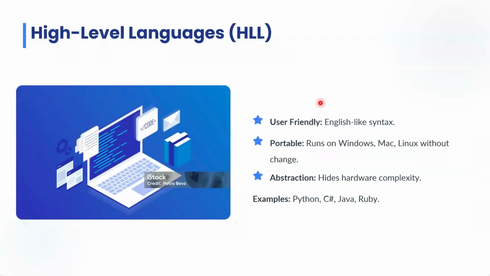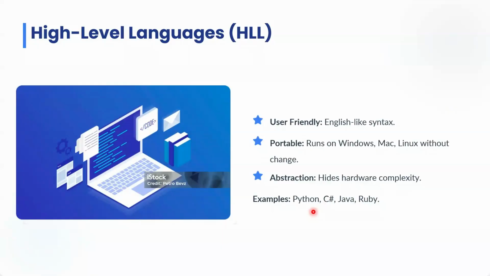High level programming languages have a similar English friendly structure, and they can run on Windows, Mac, Linux without any changes. There are multiple programming languages that you all will be knowing, that are Python, C, C++, Java, JavaScript, and many more.